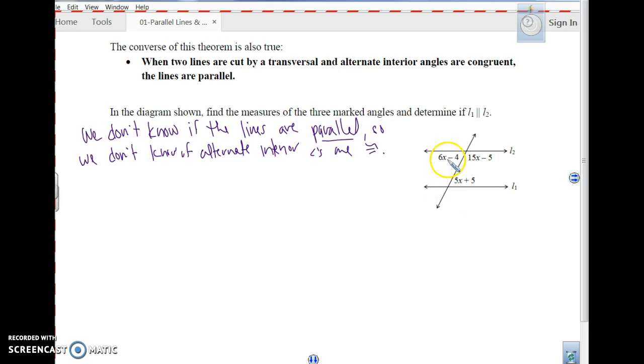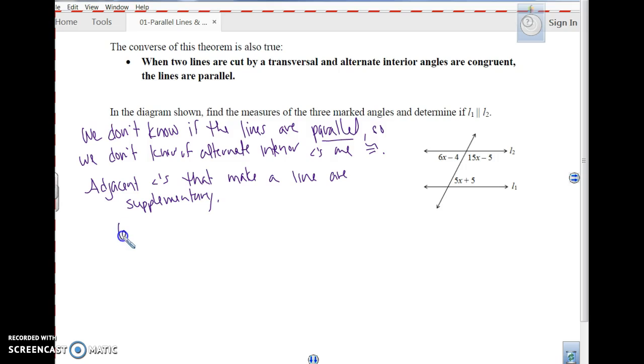What do we know about 6x minus 4 and 15x minus 5? If you put them together, what do they make? Those two angles are supplementary because they're adjacent angles that make a line. Adjacent angles that make a line are supplementary. So that means that they're going to add up to be 180 degrees.